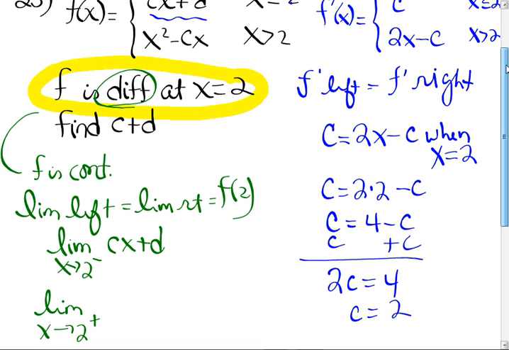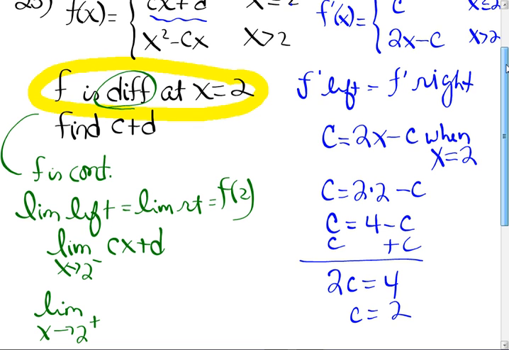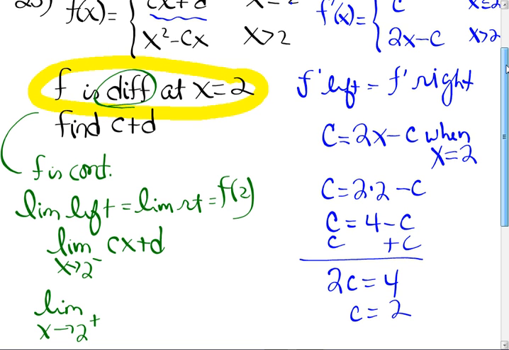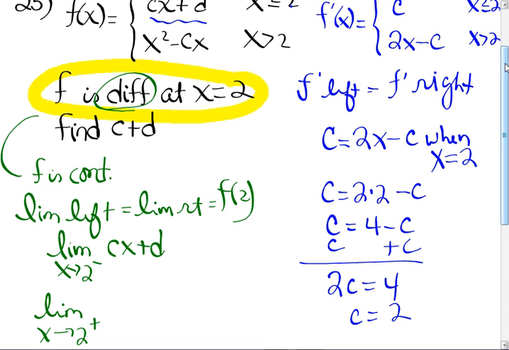Because it said it was continuous. If this is a free response, all this stuff I'm doing, you'd have to write out. You were given it's continuous, so I'm going to get an equation here. First I took the derivative and set the two derivatives equal. Now I'm going to set the two limits equal, because I need to figure out what d is.